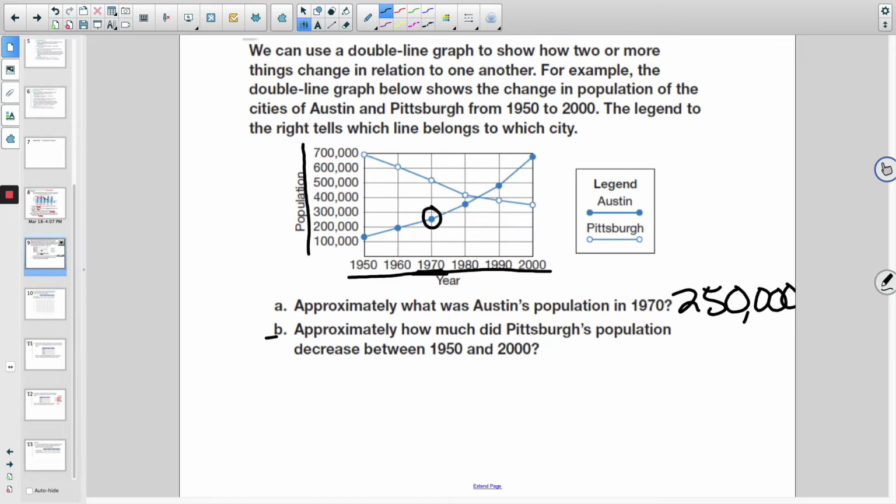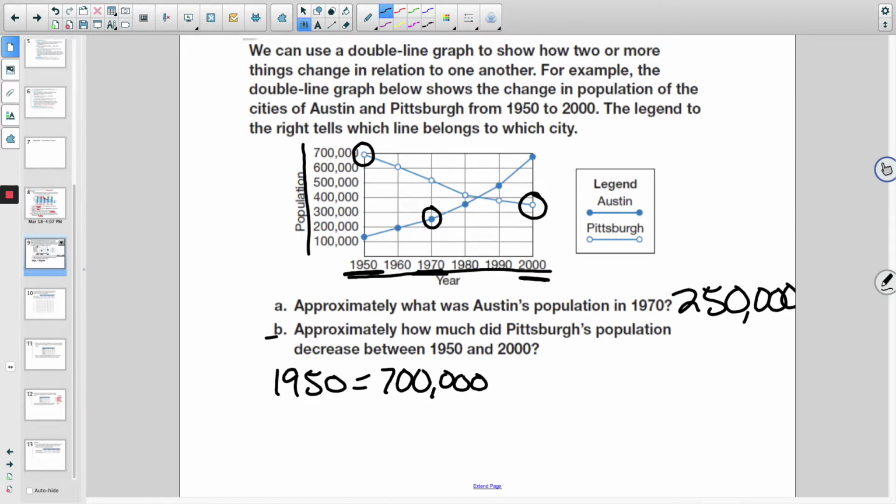B, approximately how much did Pittsburgh's population decrease between 1950 and 2000? So find 1950, Pittsburgh, and find 2000, Pittsburgh. In 1950, Pittsburgh was sitting at 700,000.